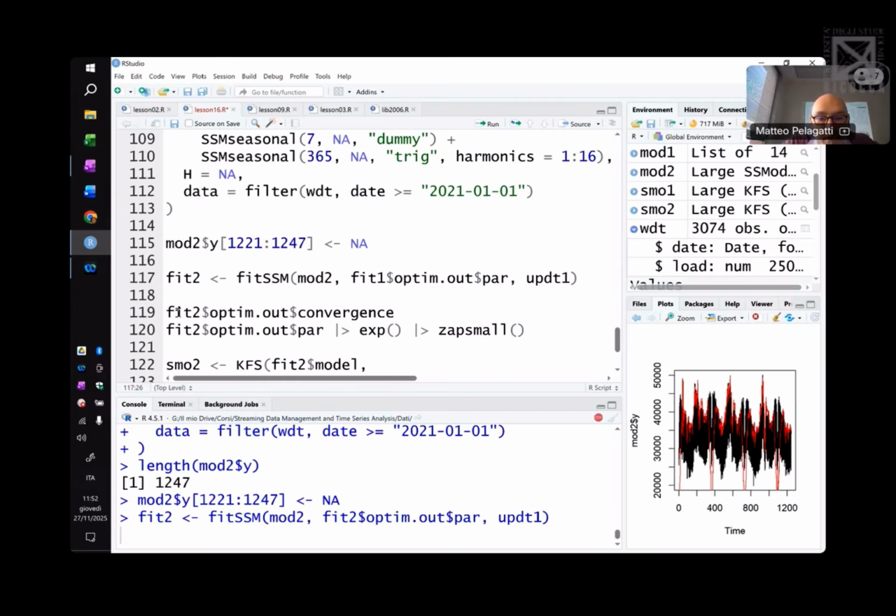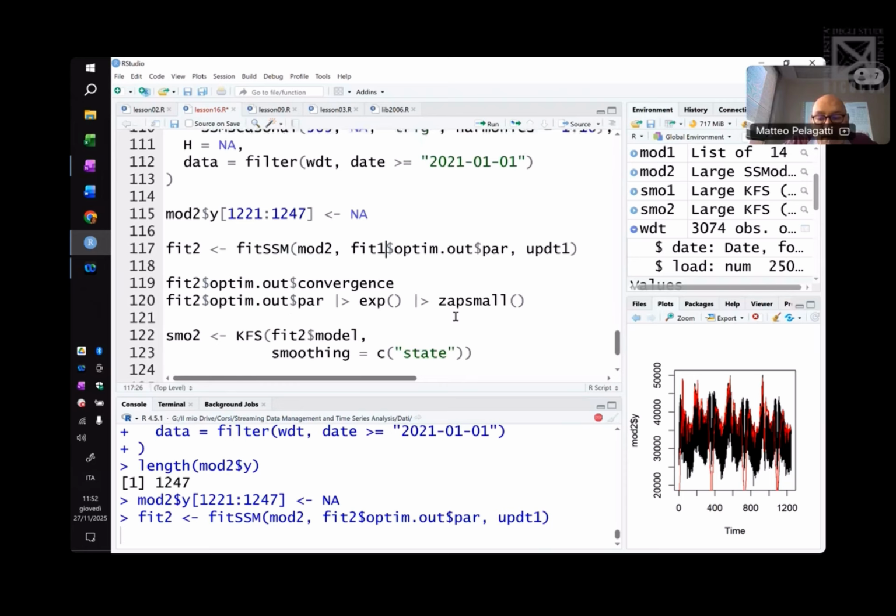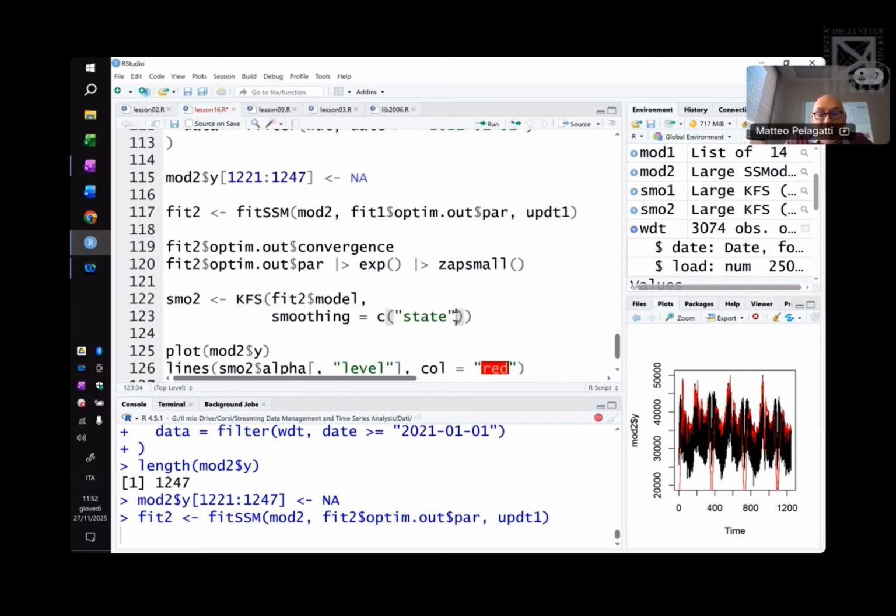And then a good thing to do would be adding here also the signal, because the signal is what I'm interested in when I do the prediction.